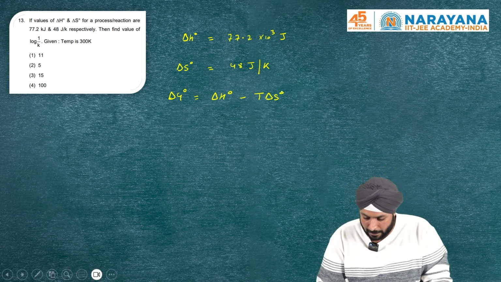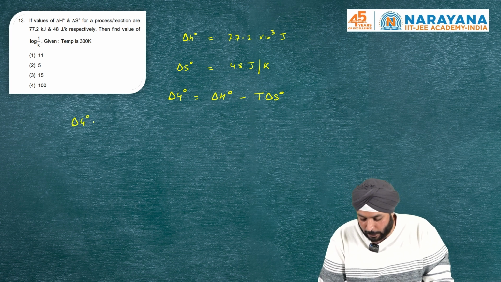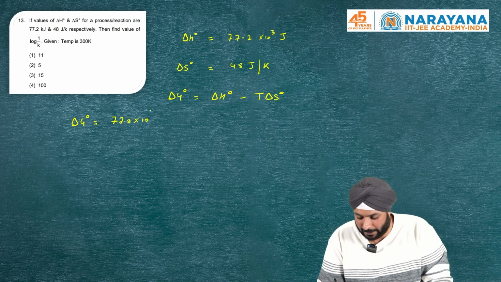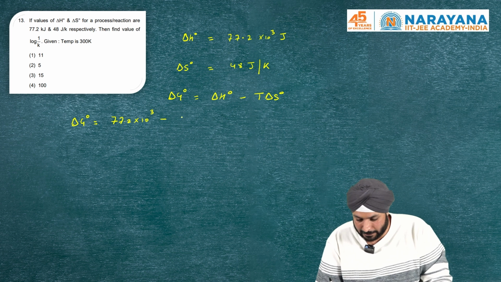Here delta G naught will be delta H naught, 77.2 into 10 to the power 3, minus 300 into 48, right?